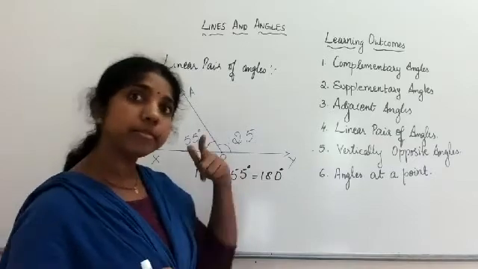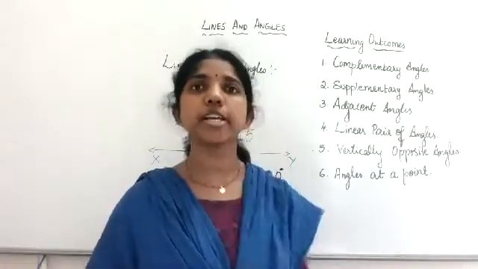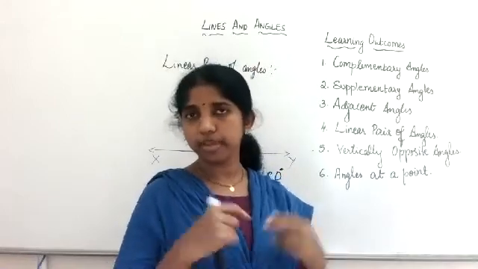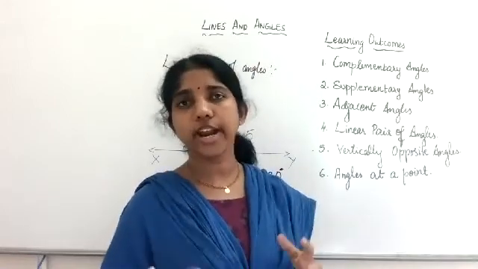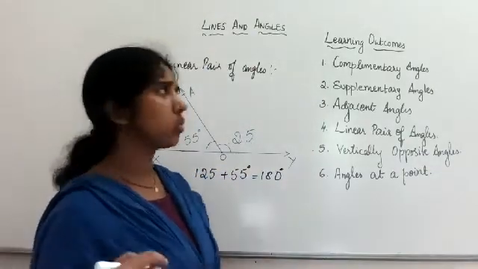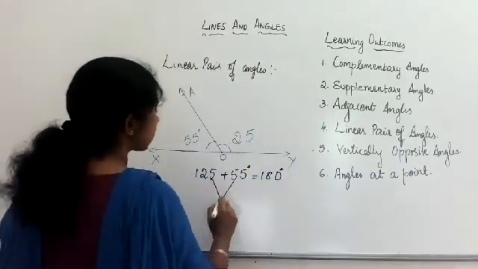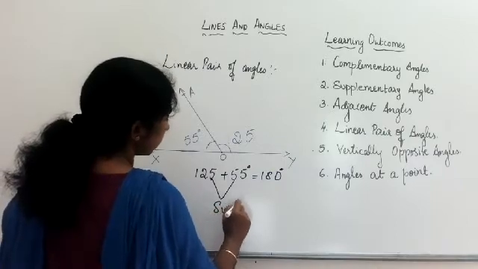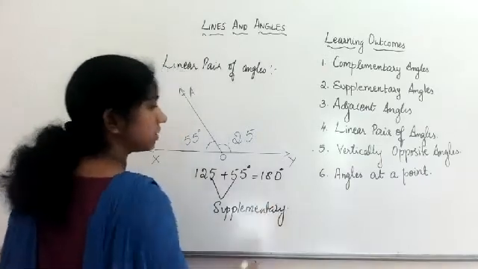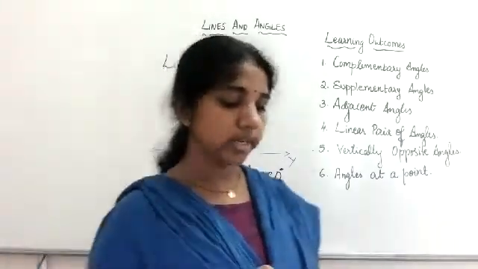Yes, we remember something called supplementary angles. When two angles add up to 180 degrees, then those two angles are supplementary angles. So these two angles we can call supplementary angles. Now, can I say that all supplementary angles are linear pair of angles?